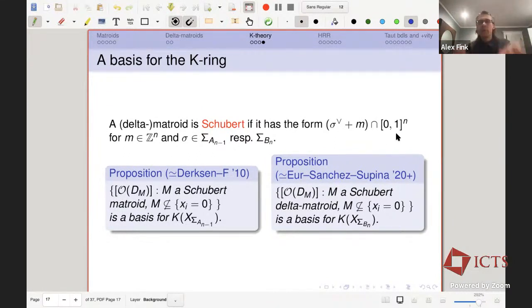These are statements of combinatorial interest because a map from the K-ring is what is known as a valuation. And people are interested in valuations on matroids and on delta matroids because a lot of the invariants people care about, like the Tutte polynomial, turn out to be valuations in this sense. So we can give a nice basis for this ring.